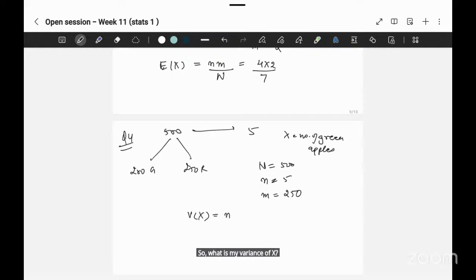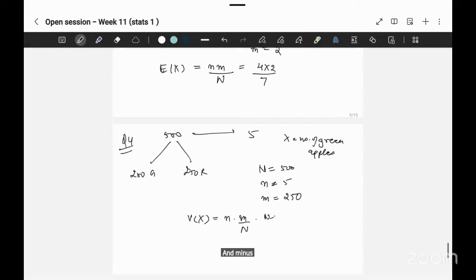It will be n into M by N into (N minus M) by N into (N minus n) by (N minus 1).